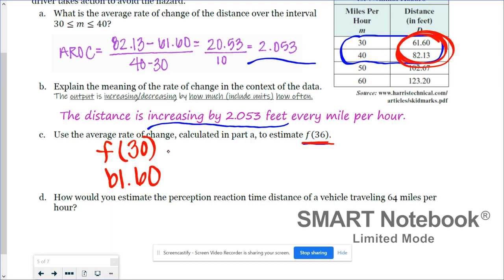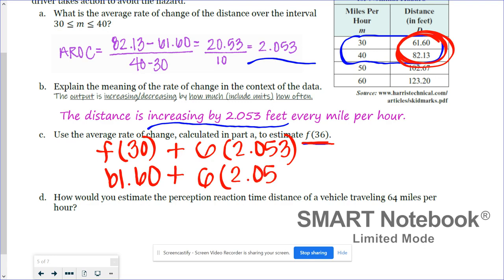So that's an additional 6 miles per hour, and each of those is increasing by 2.053 feet. So I can add those 6 additional 2.053 feet to what it was at 30 miles per hour.